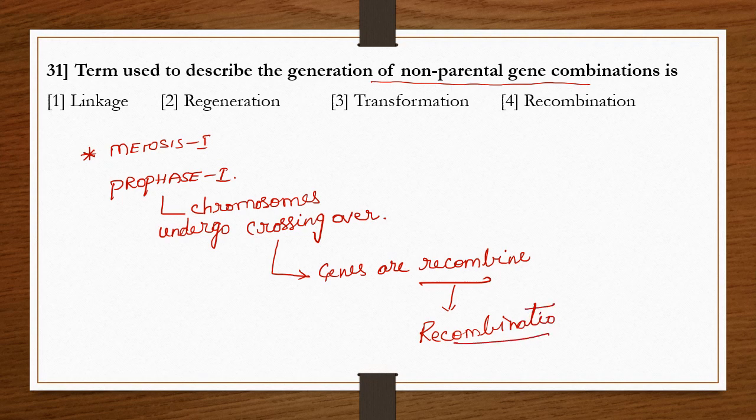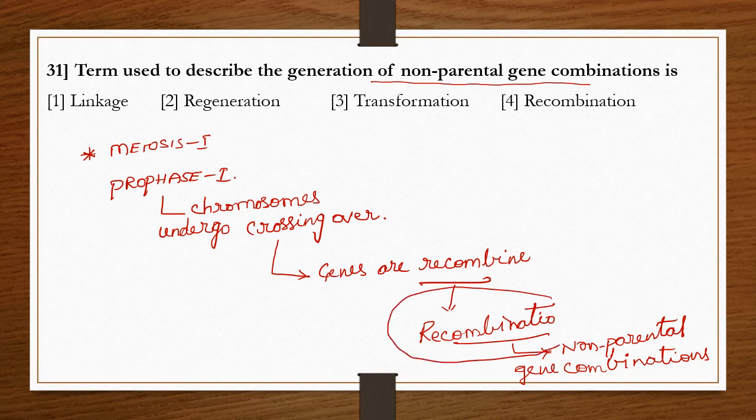This recombination gives the non-parental gene combinations. So the correct answer is recombination gives the non-parental gene combinations. So the correct answer is option 4.